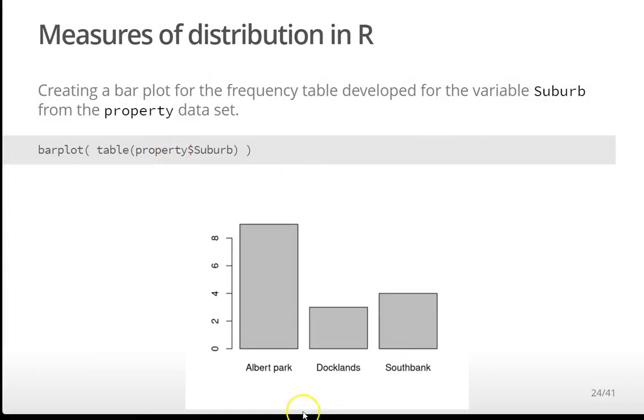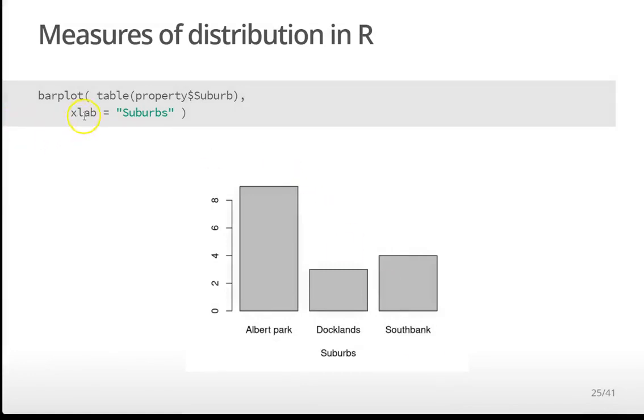If you take a look here, you're going to see there is no x-axis title, but by adding this argument, xlab equals suburbs, I'm giving more clarity to the audience. I'm telling them Albert Park, Docklands, and South Bank are suburbs, right?